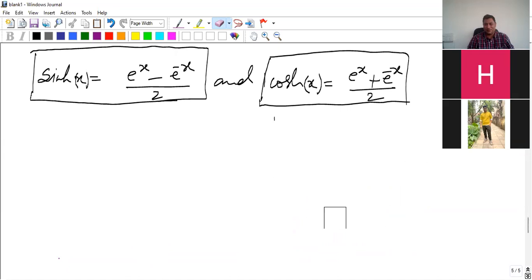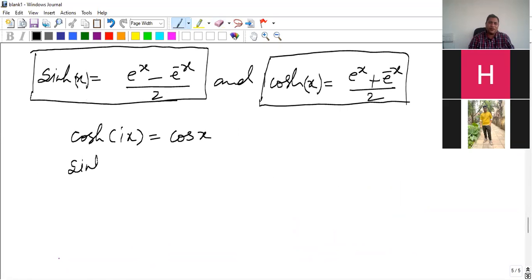I'll give you the relation. cos hyperbolic ix is equal to cos x. Sin hyperbolic ix is equal to i times sin x.